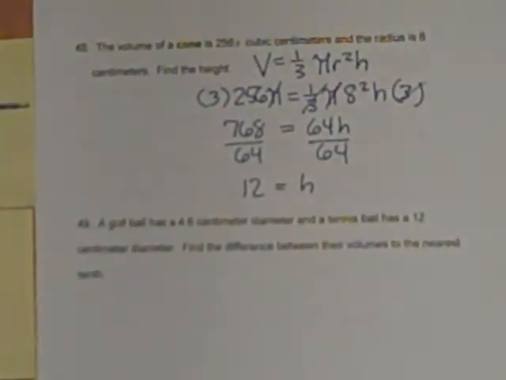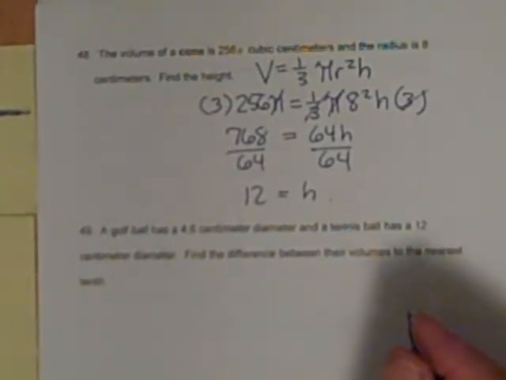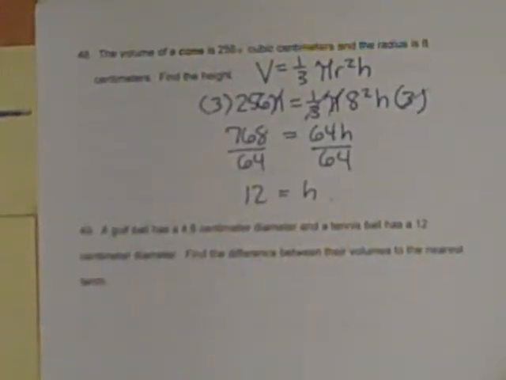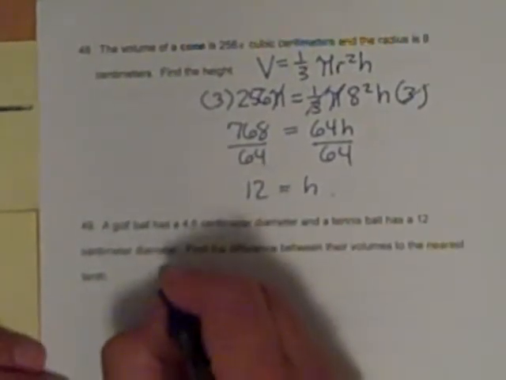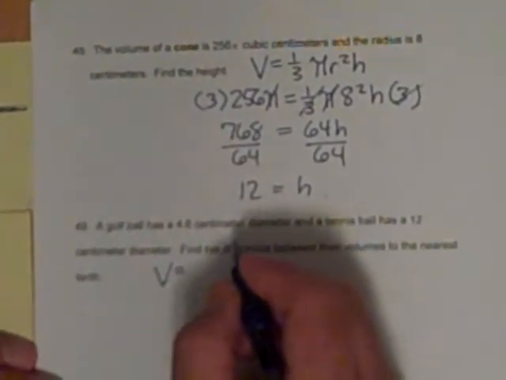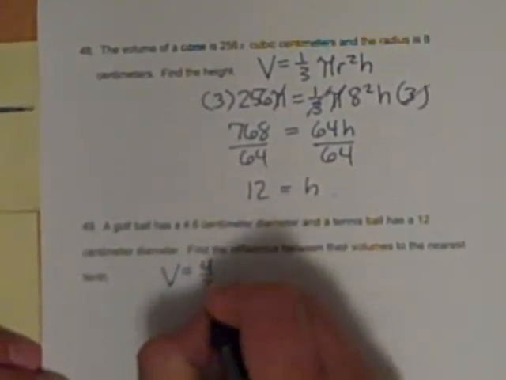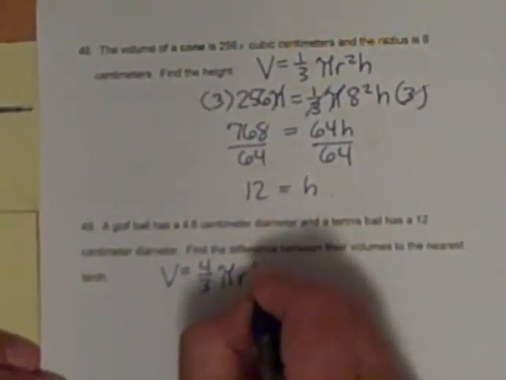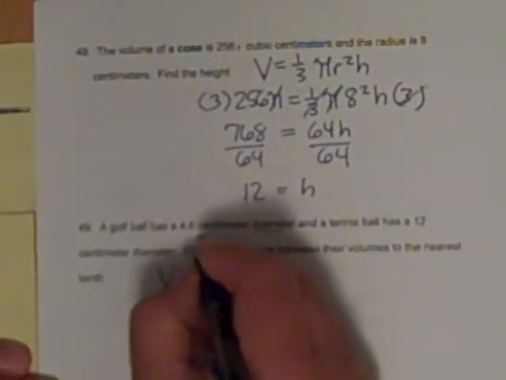And 49. A golf ball has a 4.6 centimeter diameter, and a tennis ball has a 12 centimeter diameter. Find the difference between their volumes to the nearest tenth. So we need the volume of the sphere, 4/3 pi r cubed. Again, we need radius. We're given diameter, so the golf ball is 2.3 equals r.